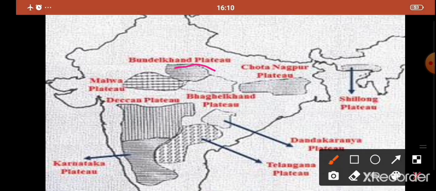Here you can see Bundelkhand and Bagelkhand. The Chota Nagpur Plateau marks the further eastward extension. So I hope you all have understood this. This is all about the Central Highlands.